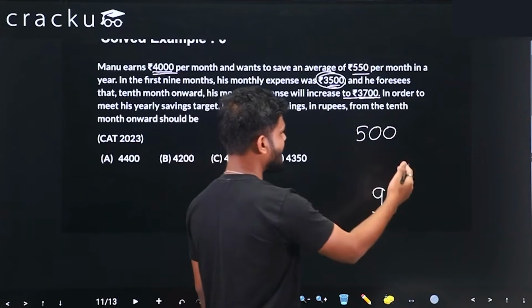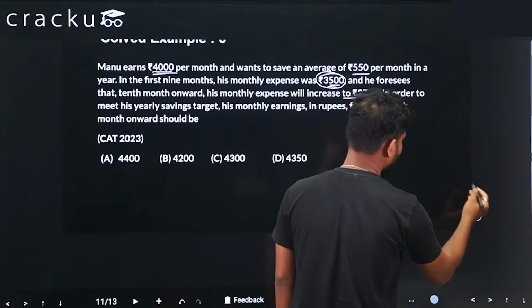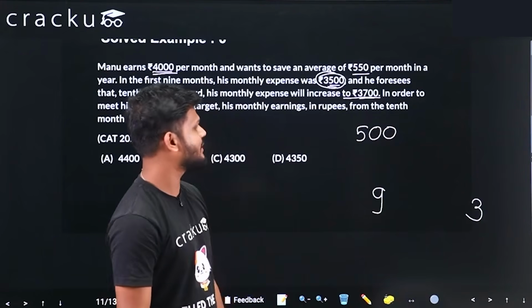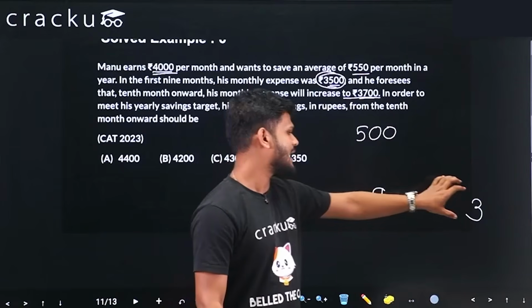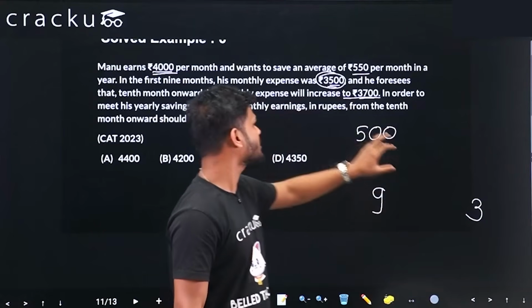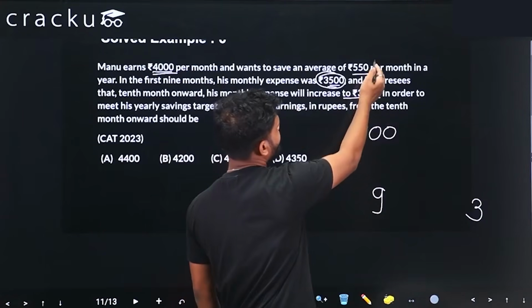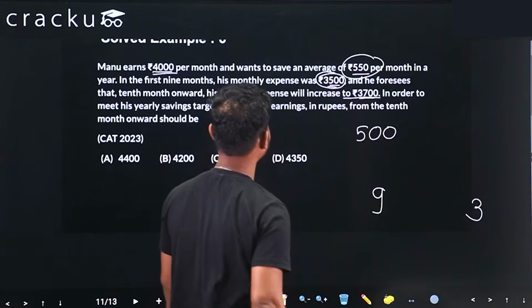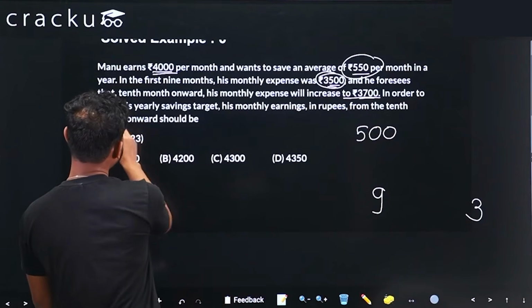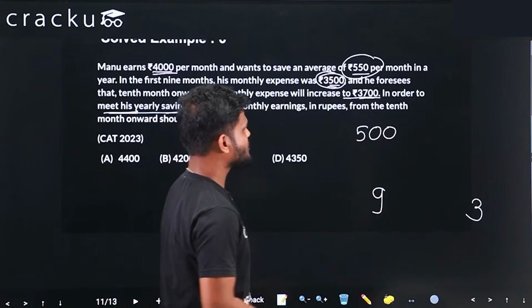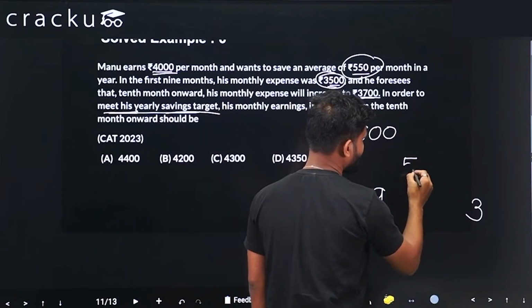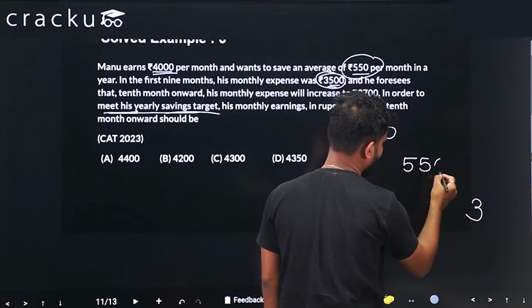Now for the remaining 3 months, we don't know how much she is saving, but we know that combining the first 9 months and the last 3 months, on an average she should save 550, because he wants to meet his yearly saving target. So we know the average of two groups is nothing but 550.